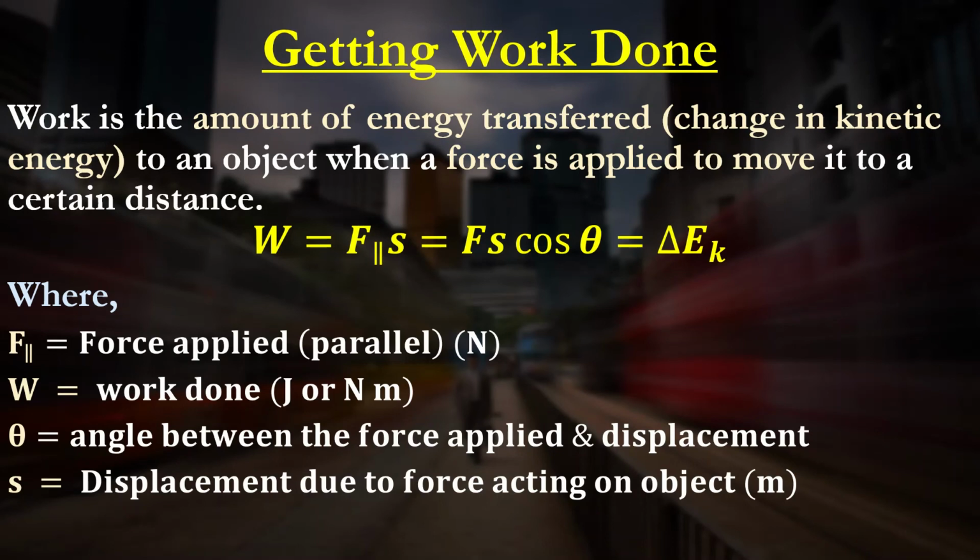Okay, so this is essentially what we came across. We first looked at work done as the displacement of an object when a parallel force is exerted on it. We looked at how to work it out if we were exerting that force at a particular angle. And last but not least, we found and proved that work done is the same thing as saying the change in kinetic energy.